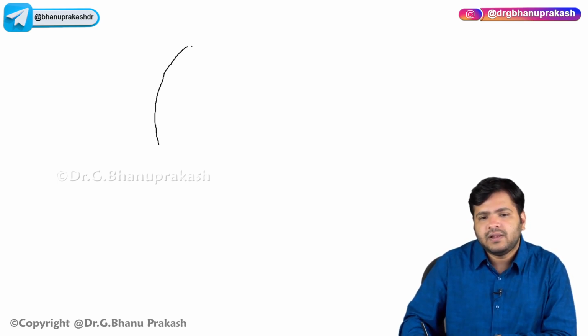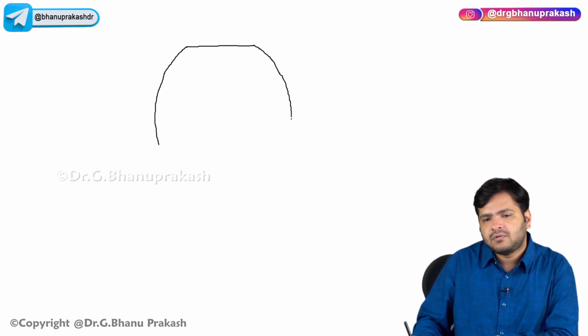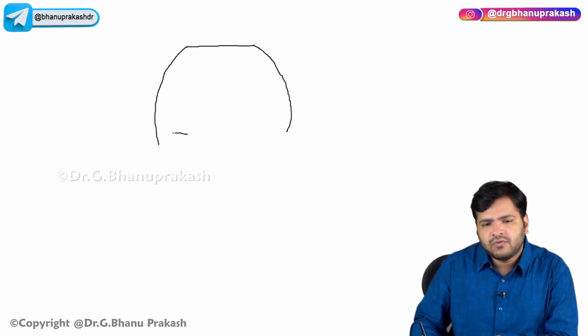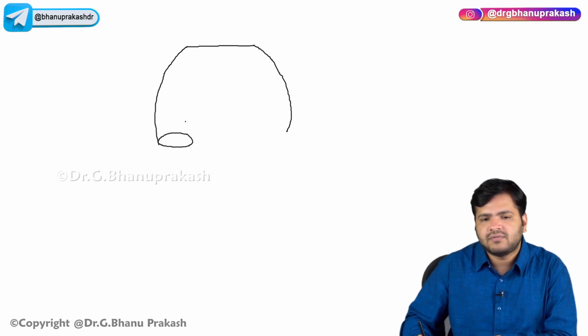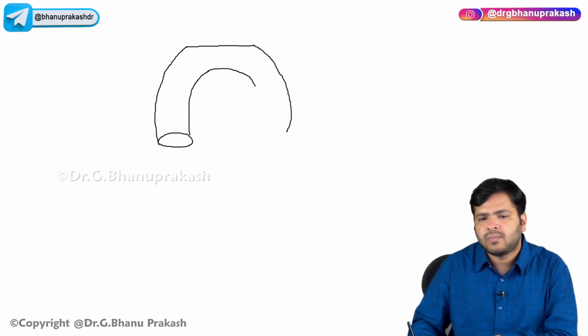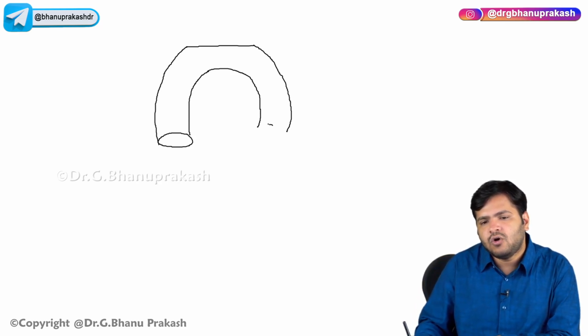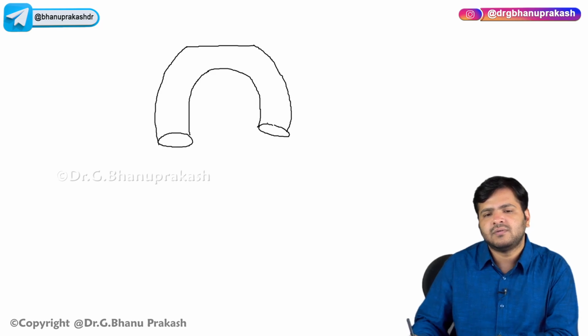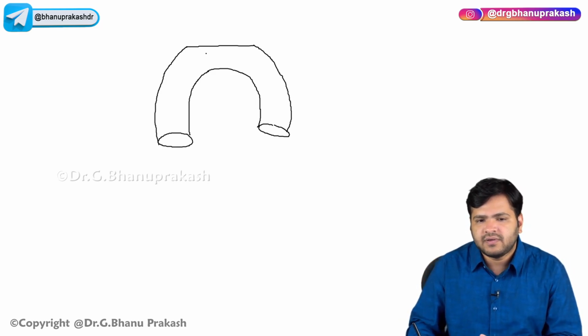As you already know, let us suppose this is the sinus venosus. We have two horns of the sinus venosus, and this is the median part.